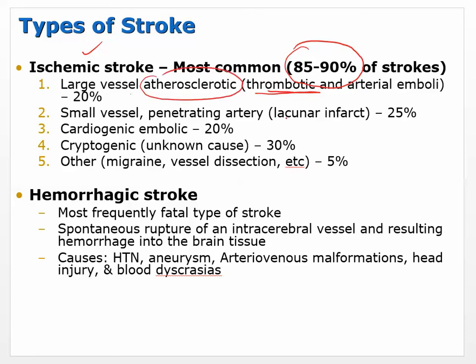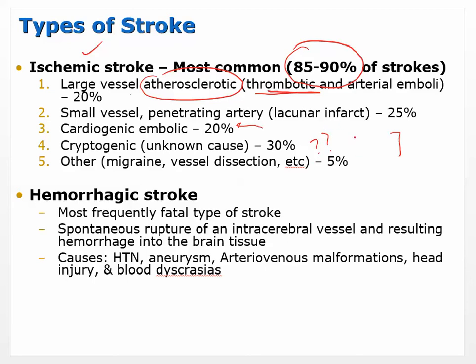Small vessel penetrating arteries, so that's going to be the arteries that are moving down into the brain. So we go from large vessel to smaller vessels, and then cardiogenic, that's clots that originate in the heart. Cryptogenic, we don't know. And then other are migraines, vessel dissection.